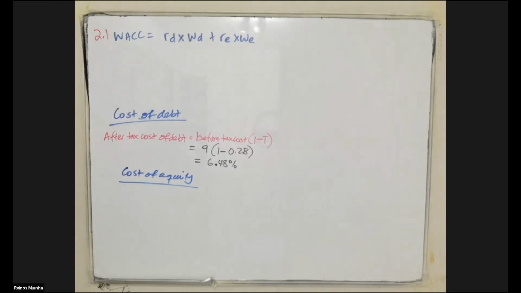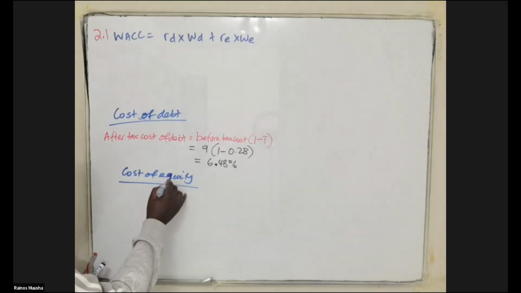If they mention one growth rate, it means we are using the dividend growth model, which is based on the what? Constant growth. So if they mention one growth rate on your question, automatically it means we are utilizing what? The dividend growth model, the constant growth model in this case.